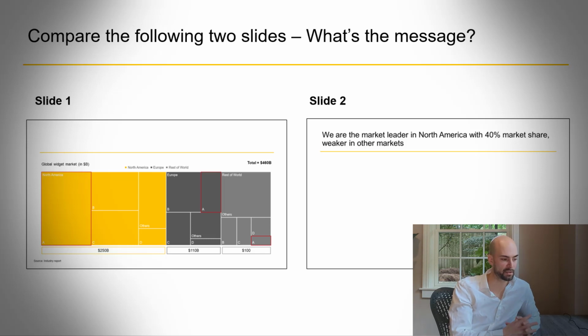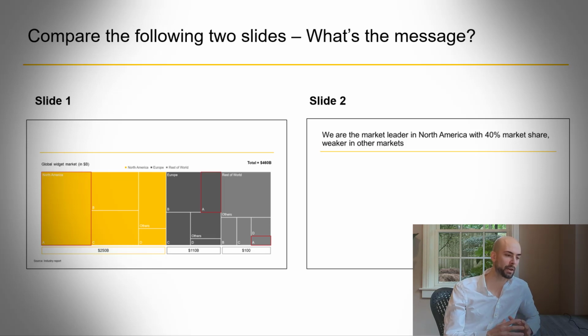Because in this situation, the message could be the market share in North America. The message could also be the market share in Europe or in the rest of the world. Or it could be that North America is 50-60% of the overall market. So there's a lot of messages here. And as the audience, it's unclear what the message is and what you want the audience to take away here.